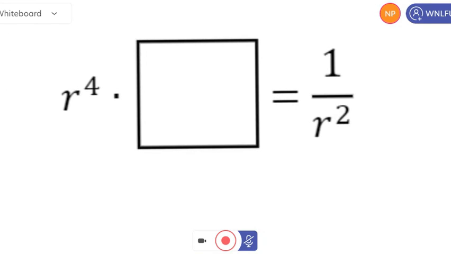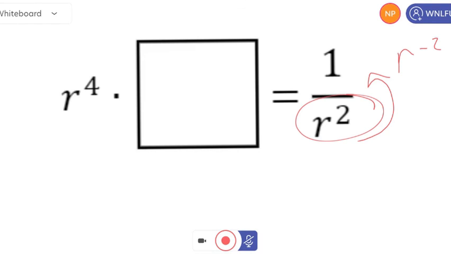Okay, this one, what I noticed right away is that it's in the denominator. So if you think about putting this back up in the numerator, before it went in the denominator, it had been a -2, right? Because if I put this back up, I would get r to the -2nd power. So what I want you to think is, if I have a 4, what would I need to add to 4 to get to -2?